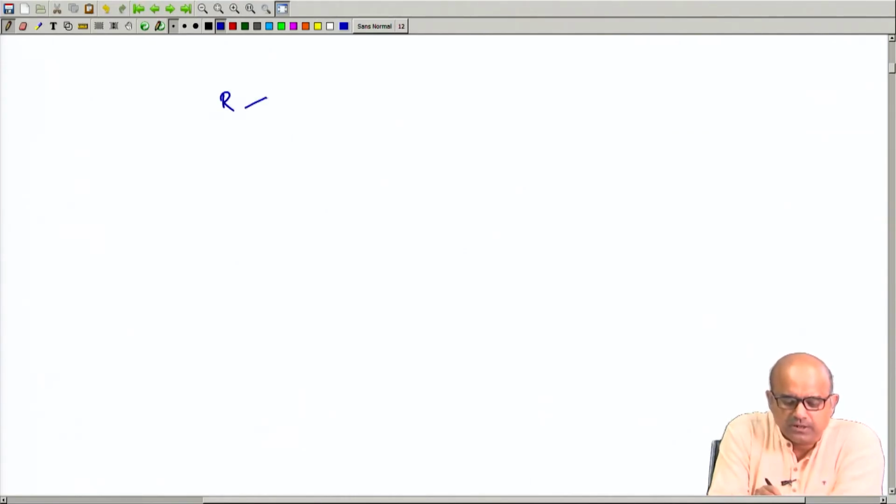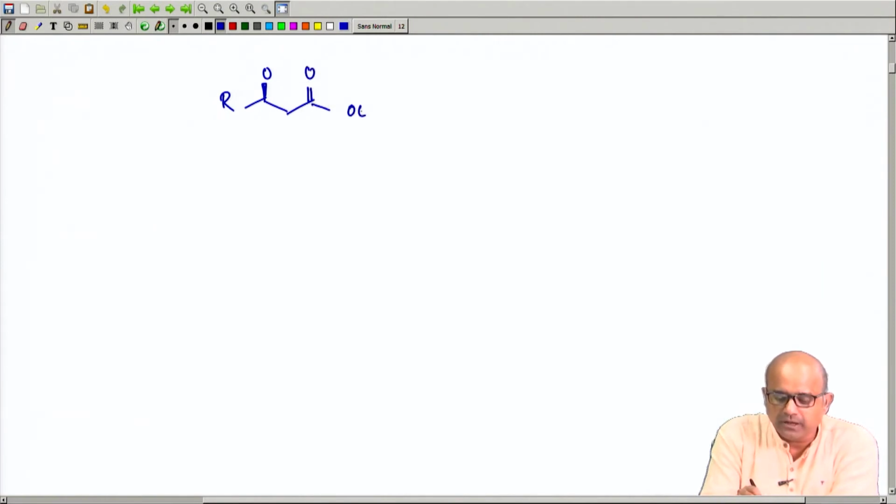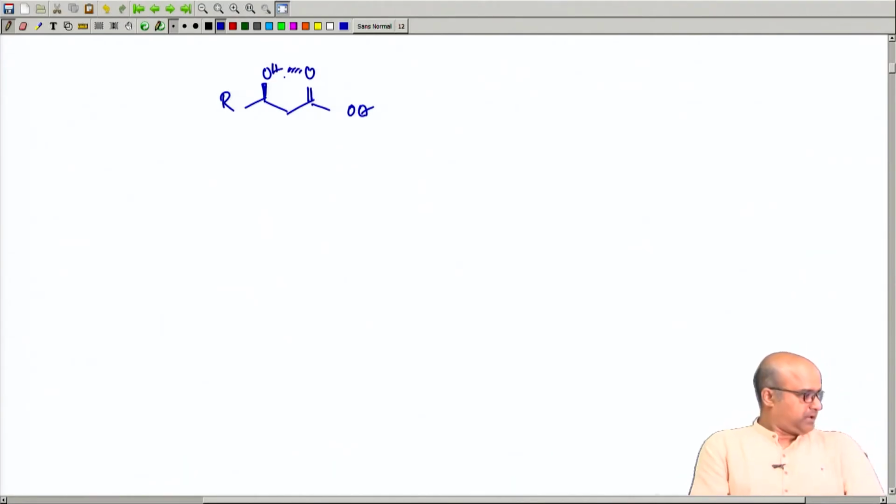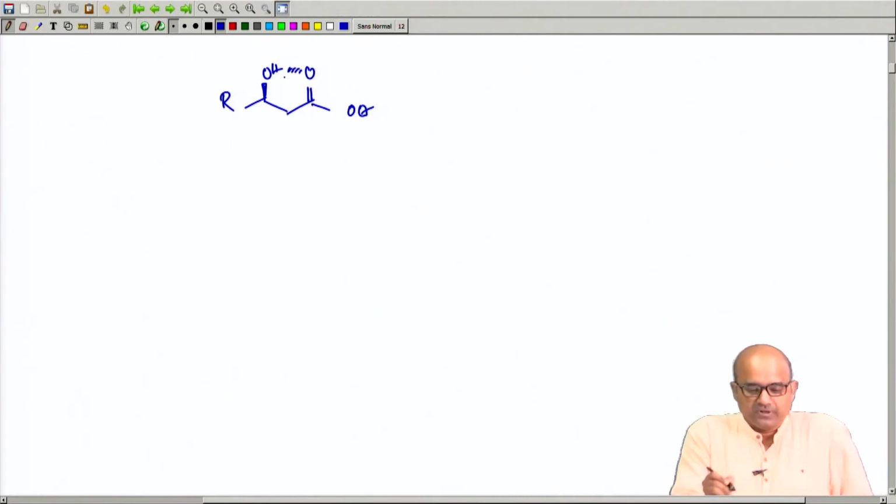You put a general terminology RO, and then we will find that at the very beginning, when you have something like this, the starting compound might have an intramolecular hydrogen bonding with this chelate. Fine.